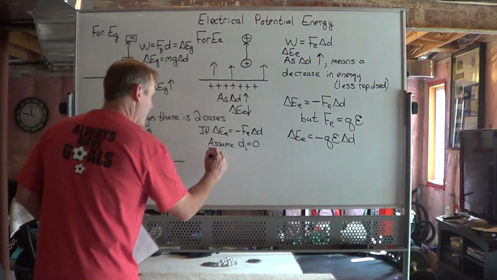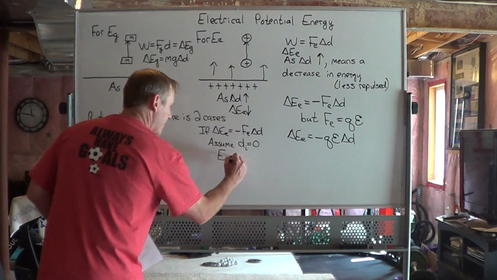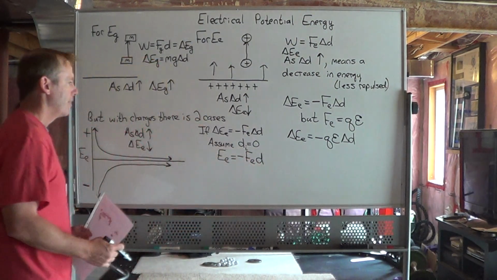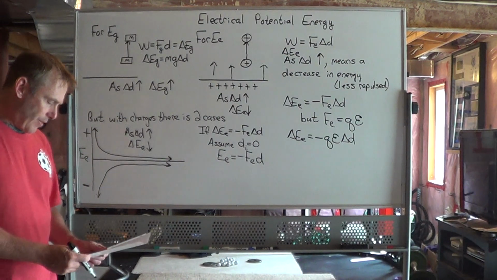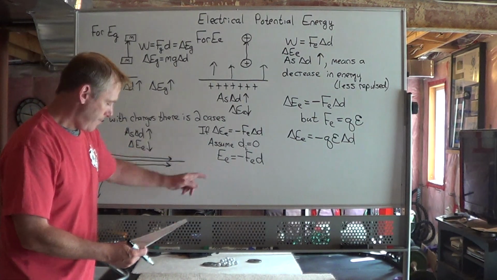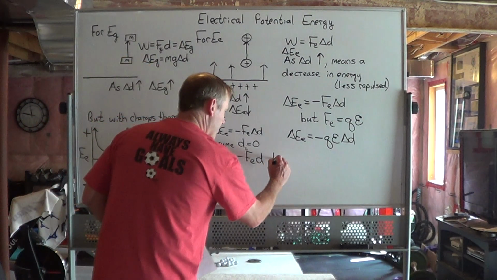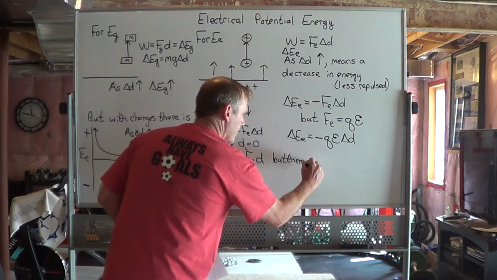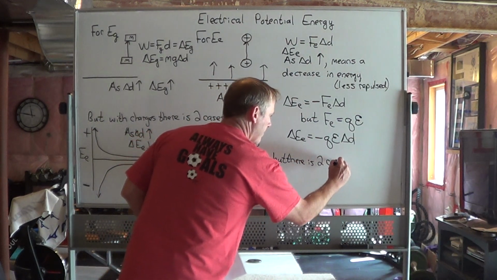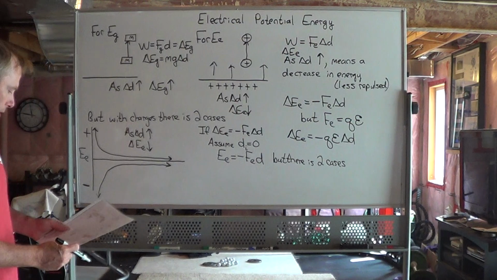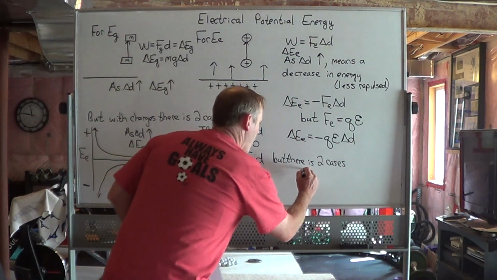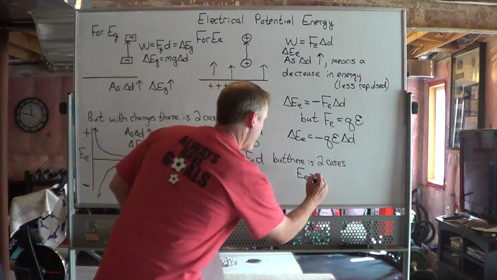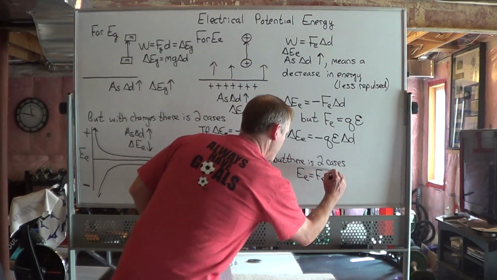Then we can get rid of the change and we just have EE is equal to negative Fe times D. The reason I want that is I'm going to make a substitution, because there are two cases. The substitution I want to make is that our electric potential energy is equal to Fe times D.